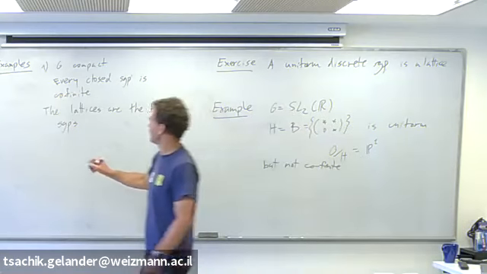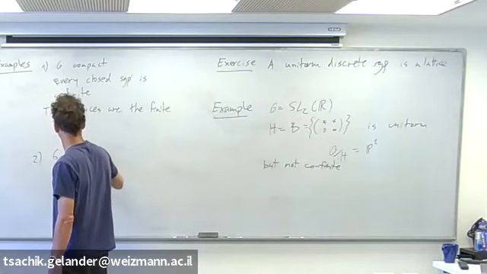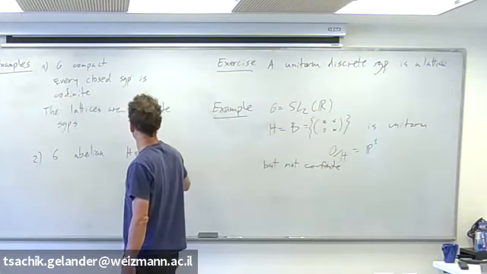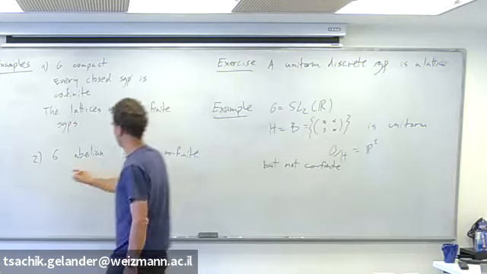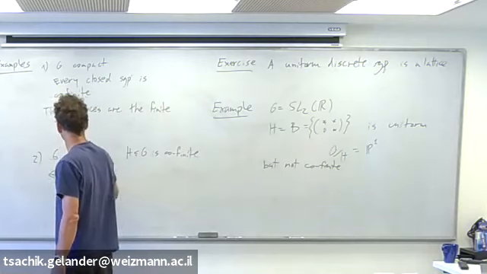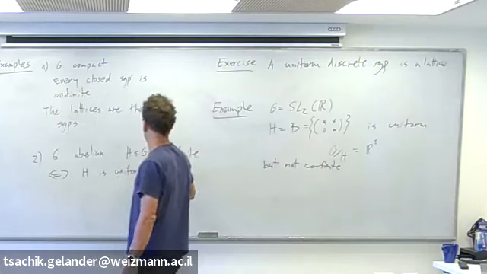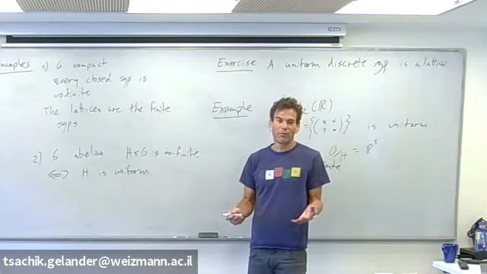If G is abelian, then H in G is cofinite if and only if H is uniform. Why? Because G mod H is a group.